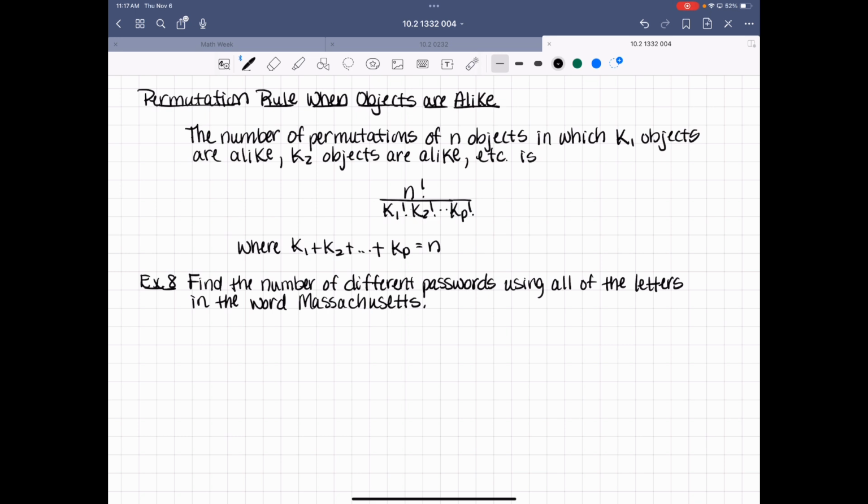That's why we use the formula up there, if something in there is repeating. Now, this really only works for problems like this. This doesn't mean that if any of it can repeat, because then that turns into a combination, okay? So just use this when they tell you you have this word and we got some passwords we got to make and some letters repeat. What's n? n equals 13, right? There's 13 letters in that word.